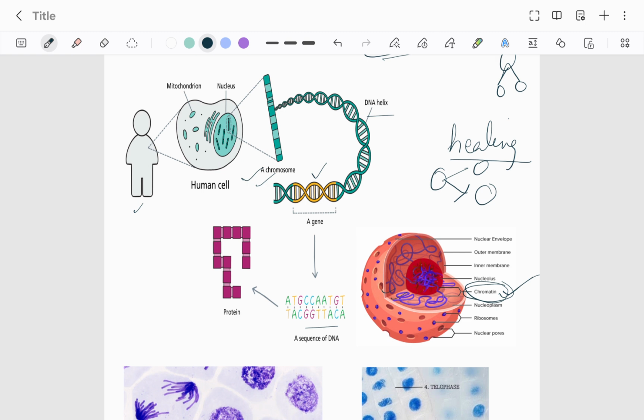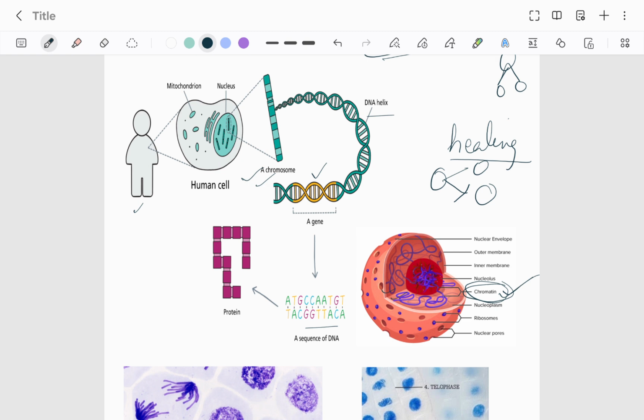That is, when you have to make protein, from DNA you need to make RNA, from RNA you need to make protein, and for that you need different enzymes and all, and they can easily reach the gene in the DNA when the DNA is loose, when it is in the form of chromatin. When it is highly coiled, then how will things enter?